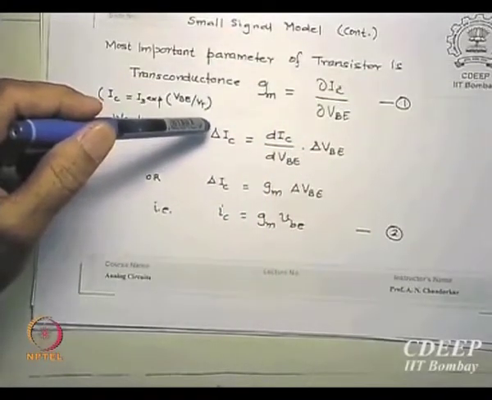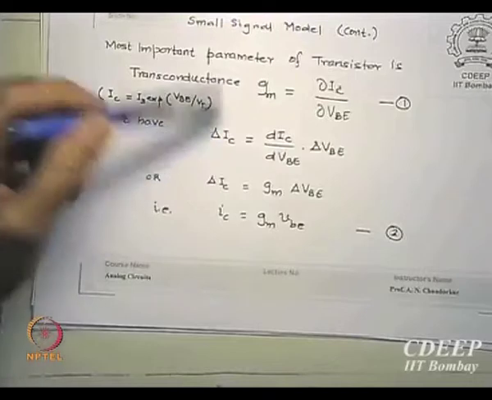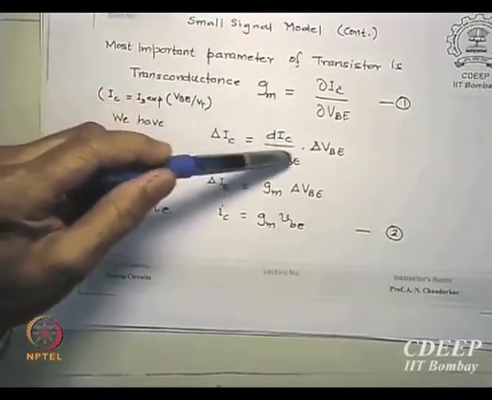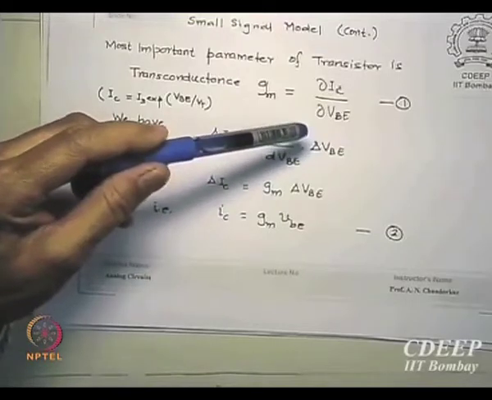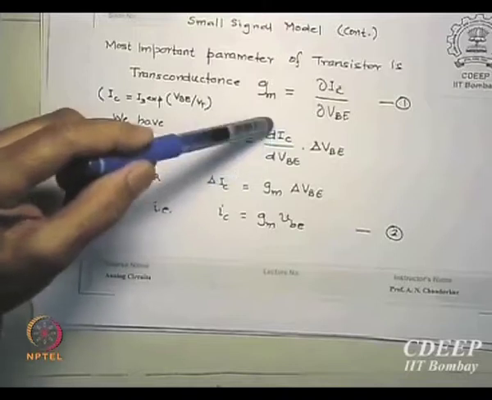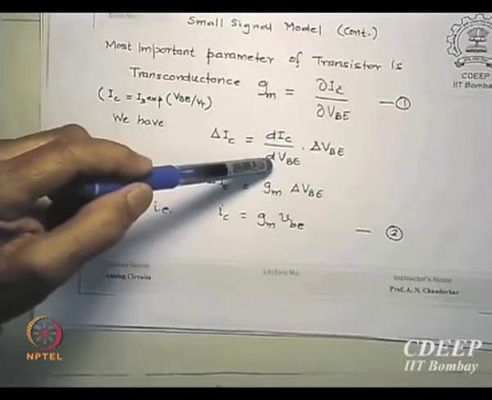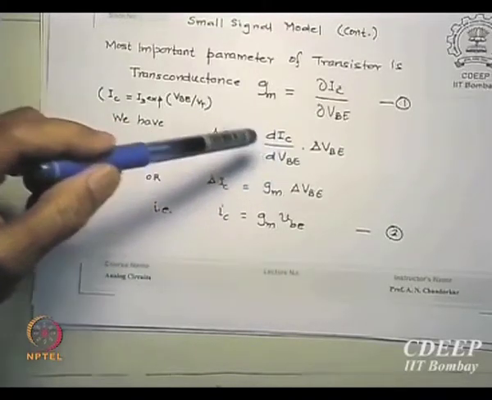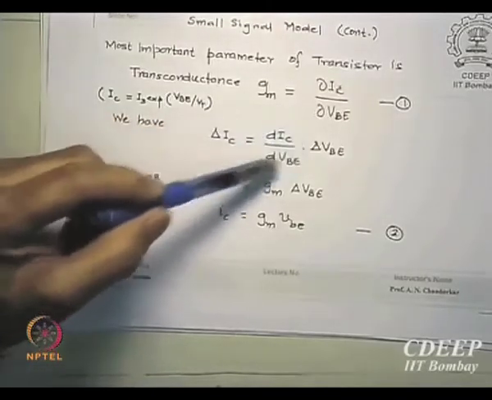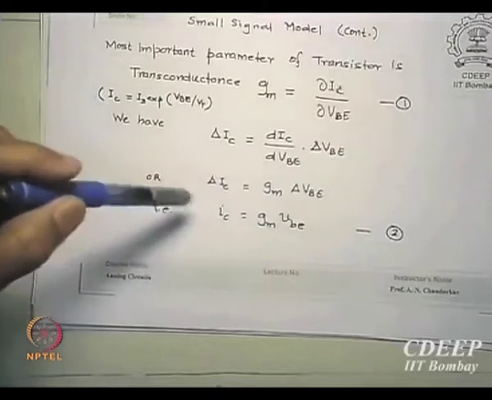If I take delta IC of this, I can write delta IC as dIC by dVBE, this is a partial derivative, simple, right? Change in IC to the change in VBE will be dI by dV. This is how you write partial terms, okay? Or delta IC is gm times delta VBE.